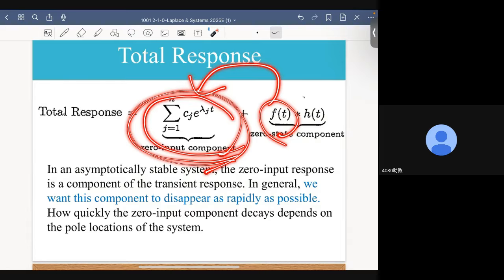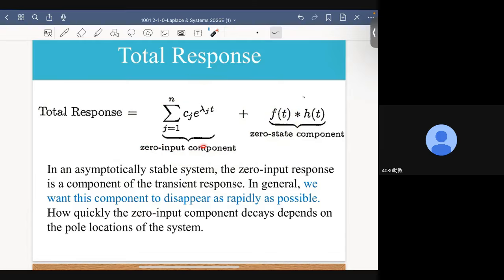There is nothing we can do about it. If we cannot do anything about it, what do we want to happen? We want it to die out naturally, not by us, but by its own nature.